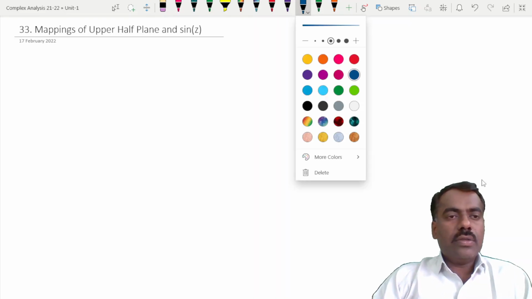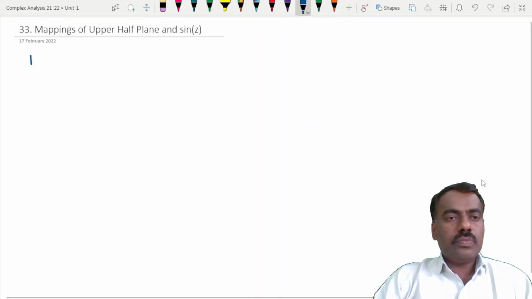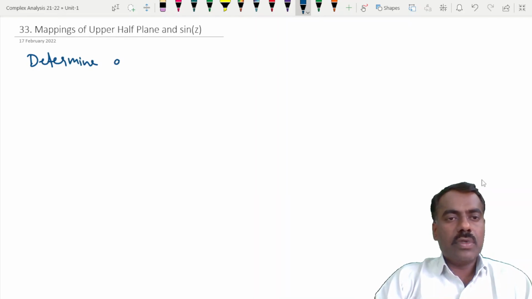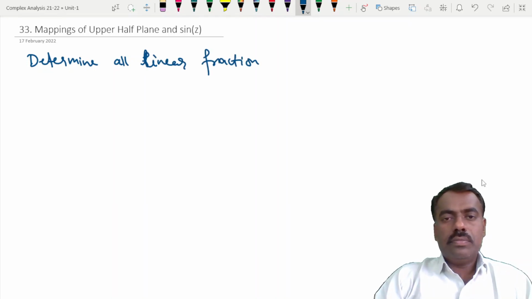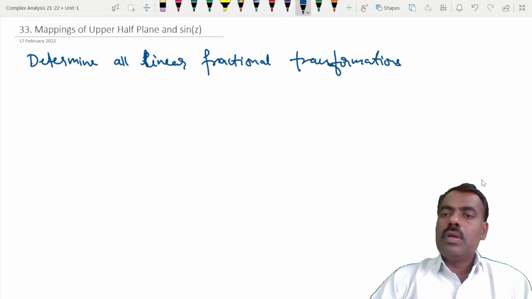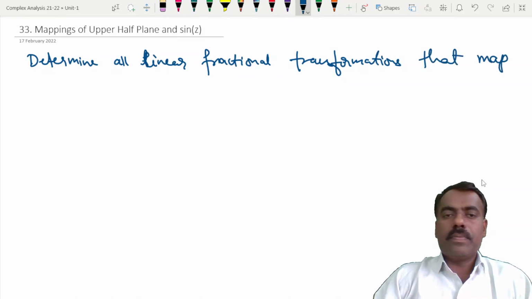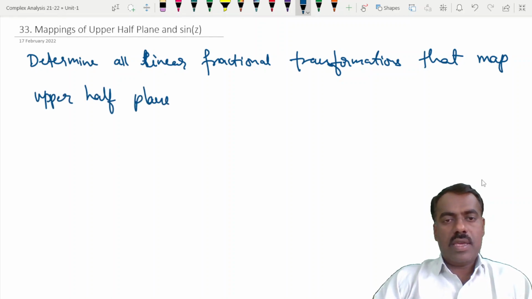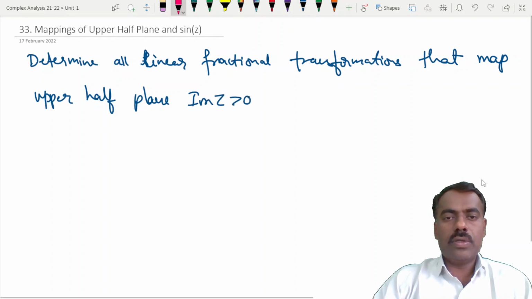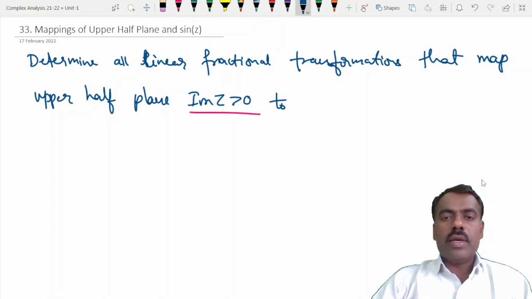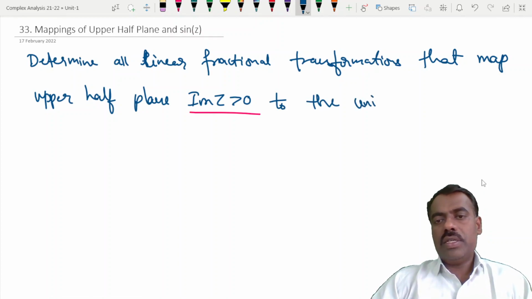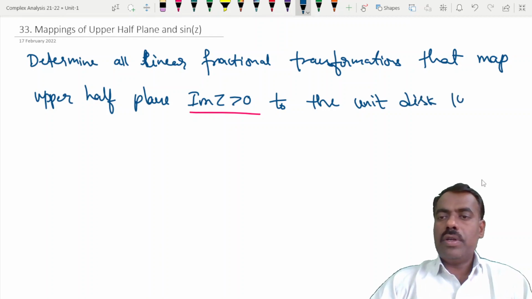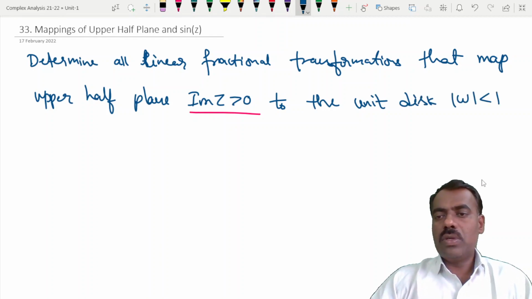So as I said, we want to determine all linear fractional transformations that map the upper half plane, say imaginary part of z greater than 0, to the unit disk, mod w is less than 1, from the z plane to the w plane.